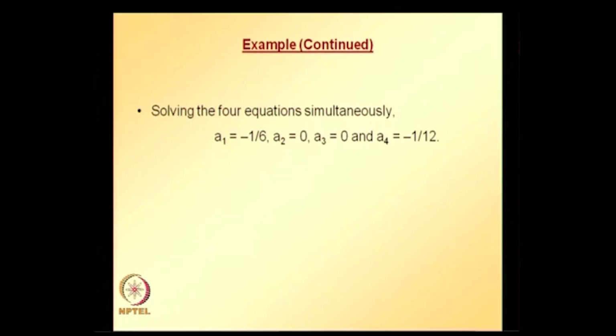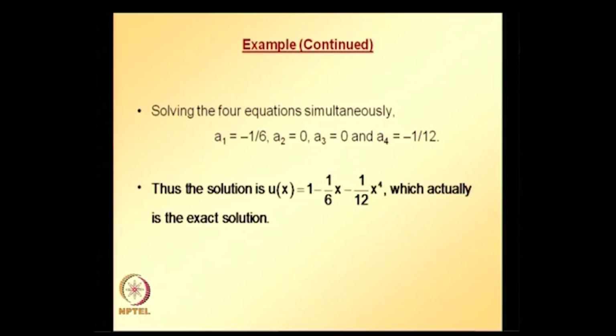What we need to do now is substitute these coefficients into the trial solution, that is 1 plus a1x plus a2x square plus a3x cube plus a4x power 4. Surprisingly, you observe that the approximate solution you get is the same as the exact solution.